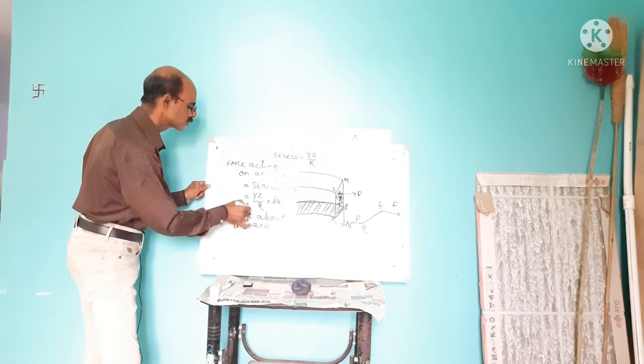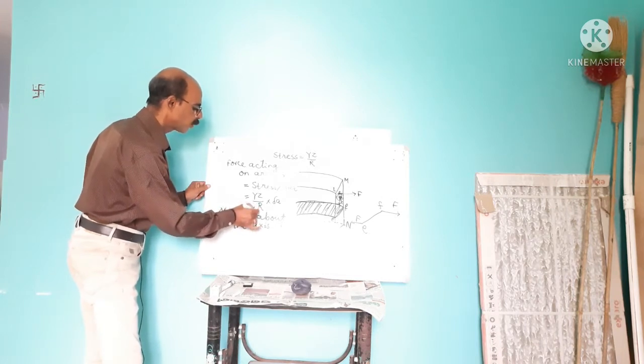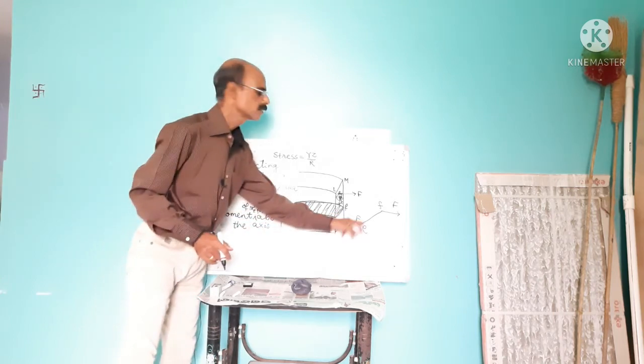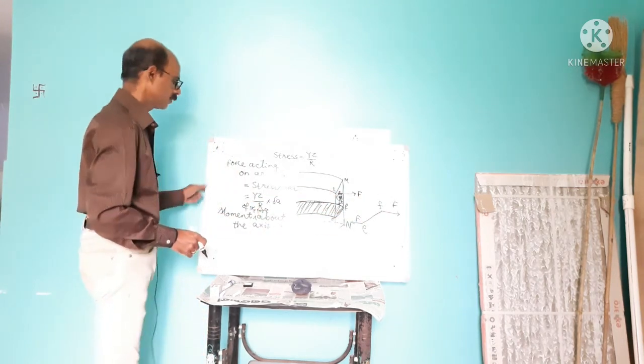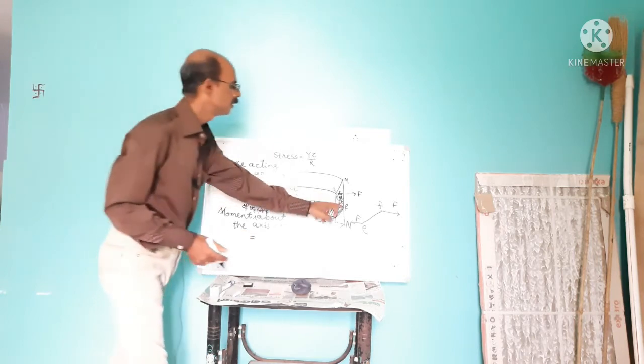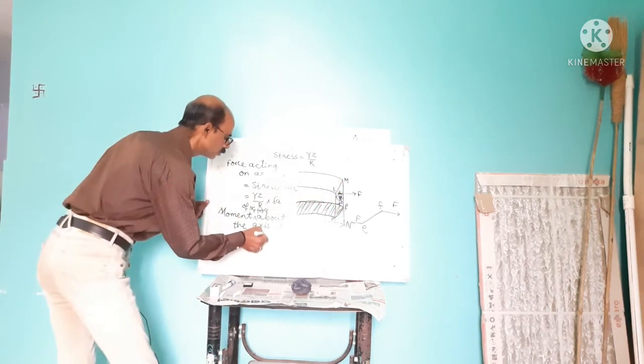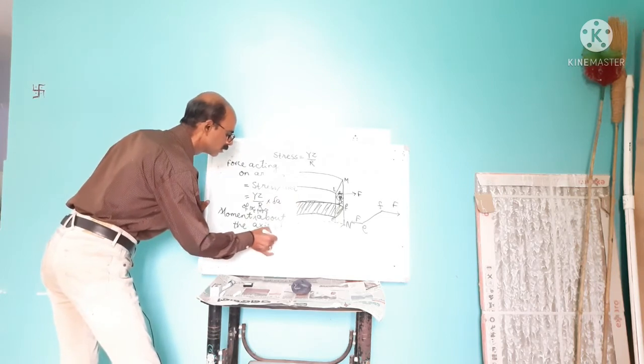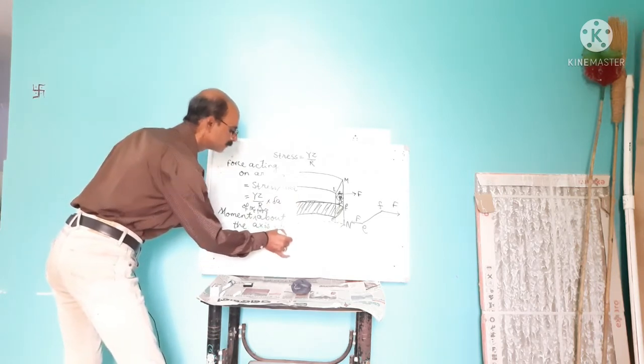Moment of the force about the axis EF will be how much? Force into distance of the area, so force into z.